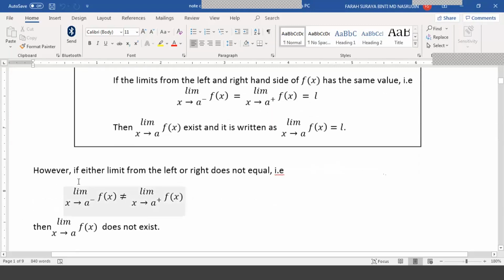However, if either limit from left or right does not equal, so contohnya limit sebelah kiri kanan equal, so we can say that the limit does not exist. Okay, macam mana contoh yang not equal? Okay, saya cuba conteng lagi dekat sini. Sekejap, macam mana nak conteng tadi, lupa dah.